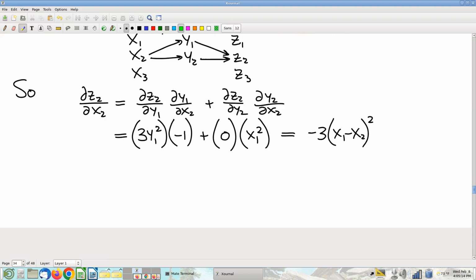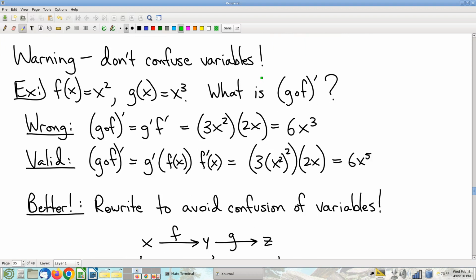All right. So a couple of heads up. First one, don't commit confusion of variables. I'm going to show you a confusion of variables in a single variable context. We try to go through this really quickly just because it is all single variable. But if someone were to give you these two functions and ask you to compose them and take a derivative, well, we know the composition is x to the sixth.